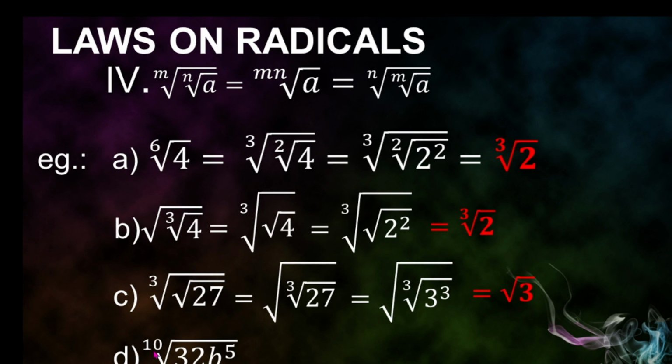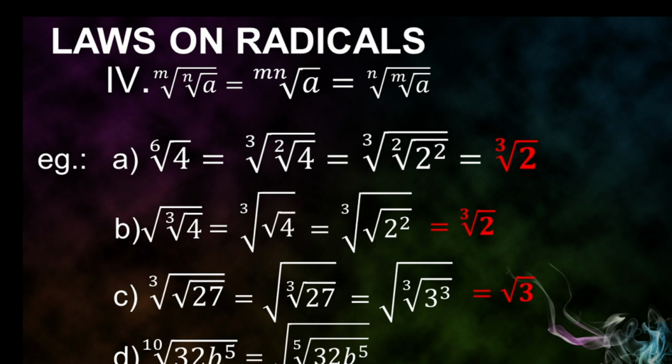Next is the 10th root of 32b raised to 5. So 10 is already a big index, and we can factor 10 as 2 times 5. So therefore, we can rewrite our radical expression as the square root of the 5th root of 32b raised to 5. 32 is a perfect fifth.